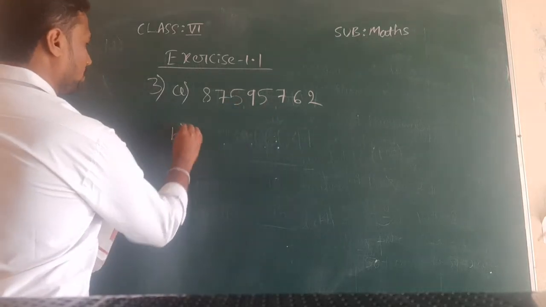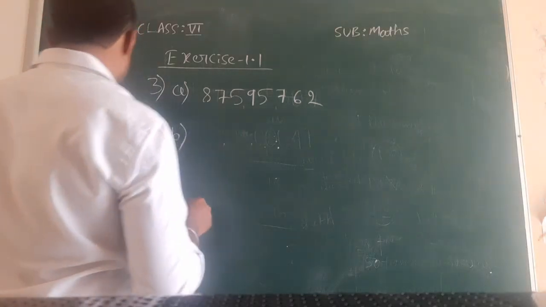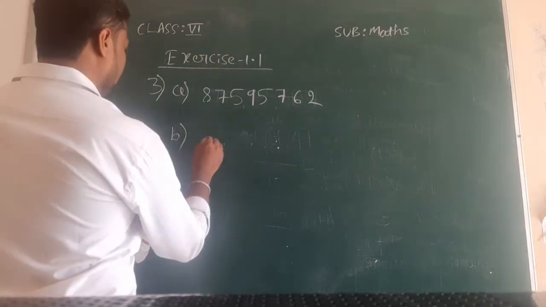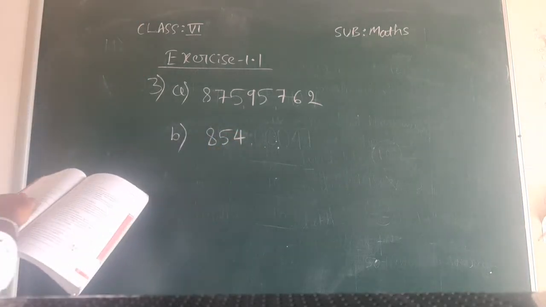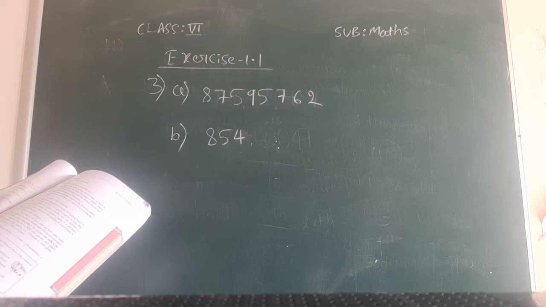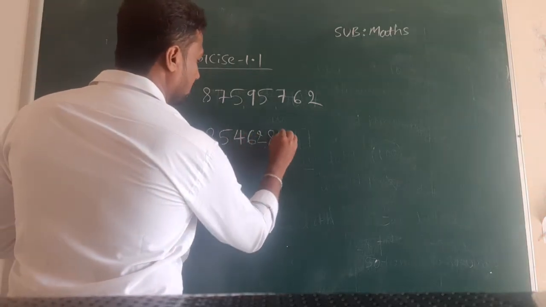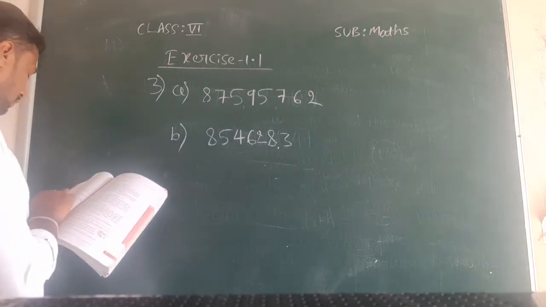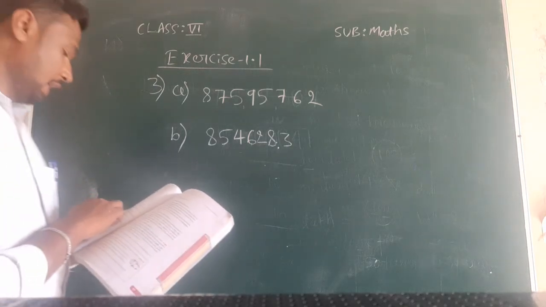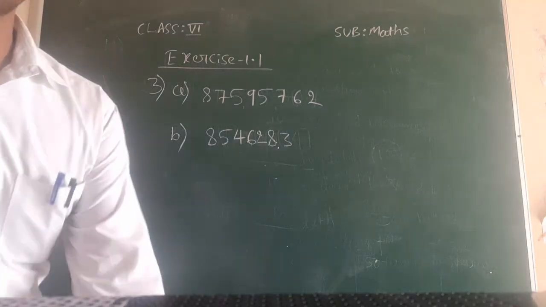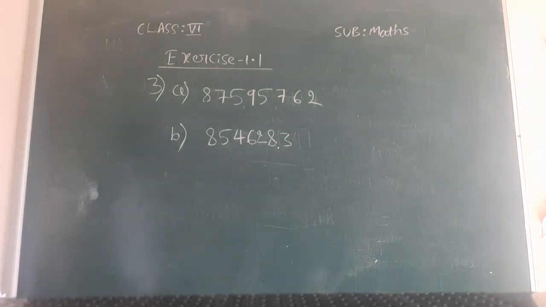Next, question number B. One more question I will solve from this third main question. Next one: 854 628 3. So now we will see how to use commas for these given numbers and how to write these numbers in words.